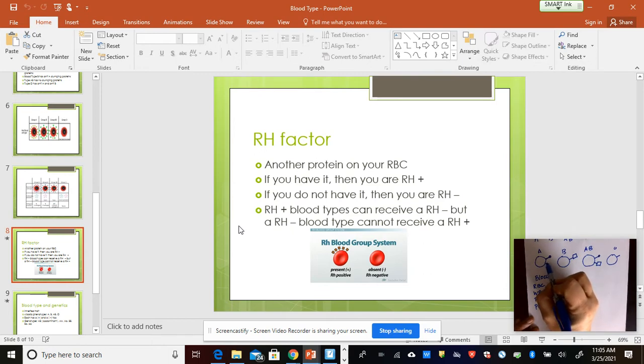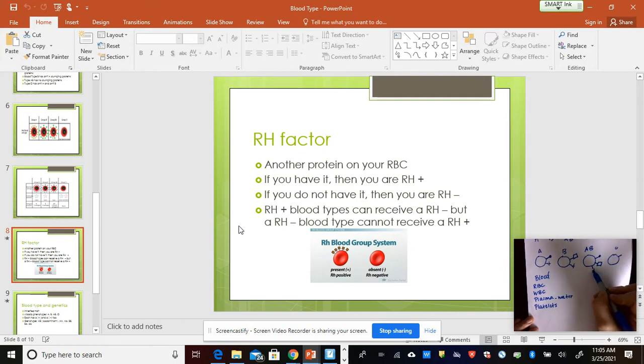So this would be an A positive blood type. This would be a B positive blood type. This would be an AB positive blood type. And then this would be an O positive blood type. Whereas, for example, if you were type B blood but did not have the Rh factor, you just wouldn't have it. So this would be considered B negative, whereas this is B positive.